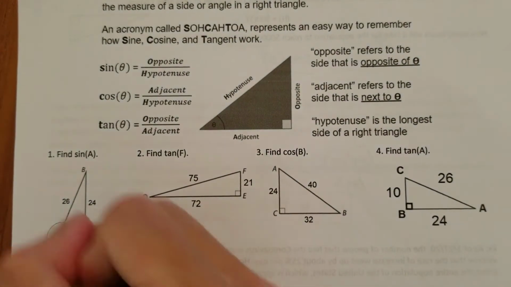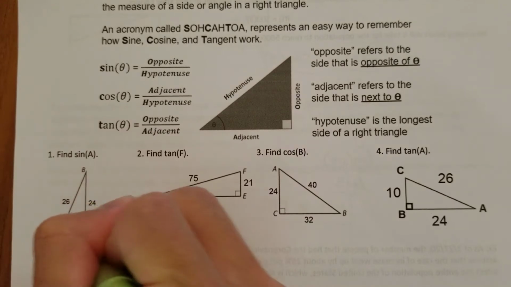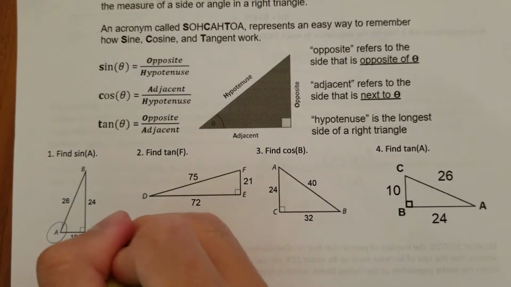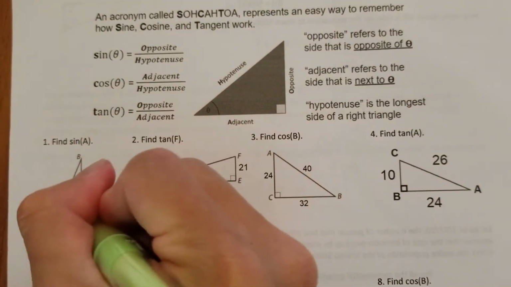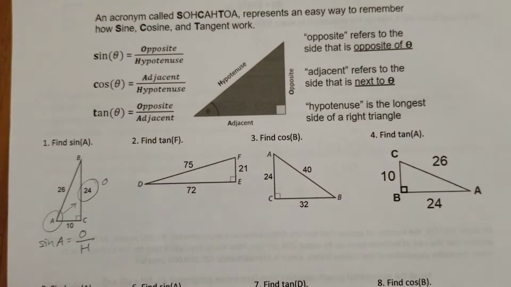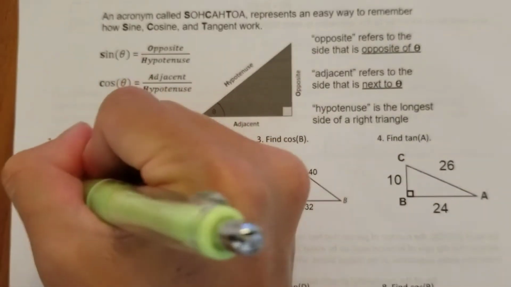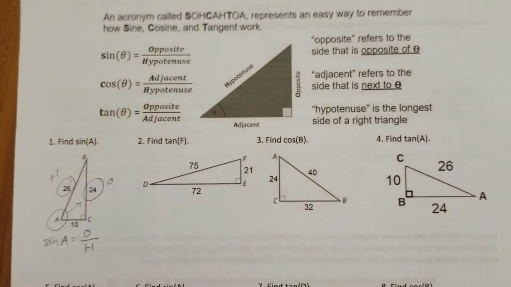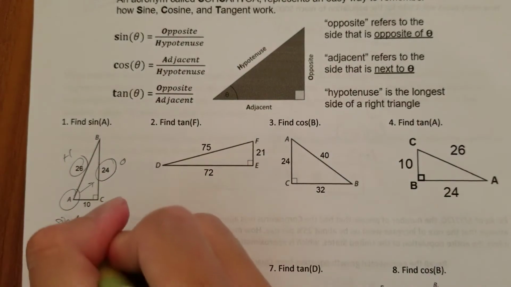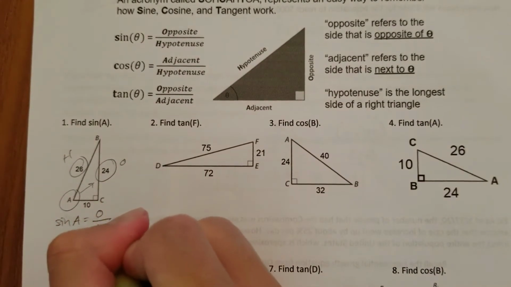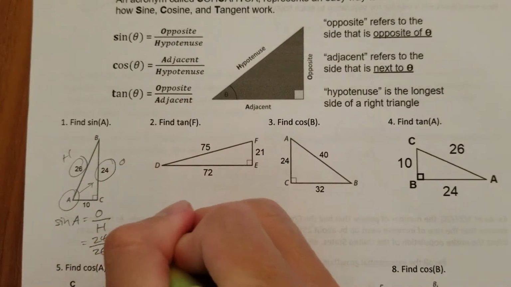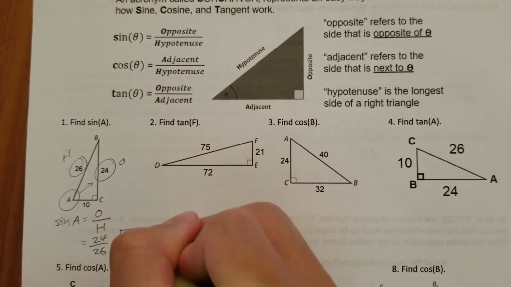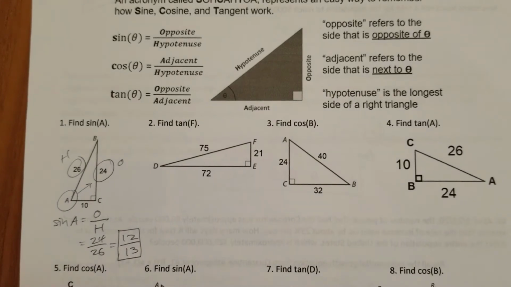Sine of A equals opposite divided by hypotenuse. This is the side that is opposite. This is the hypotenuse, the longest side of the right triangle. So it's just 24 over 26. Reduce this fraction, divide by 2, 12 over 13. That's sine of A.